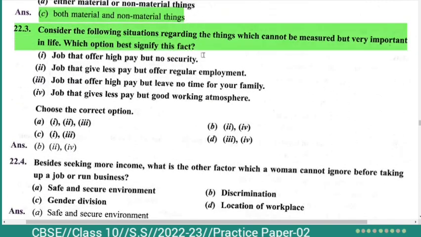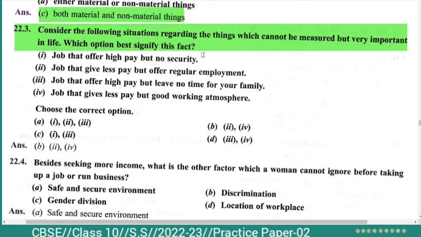Question number 22.3. Consider the following situations regarding the things which cannot be measured but are very important in life. Which option best signifies this fact? First, job that offers high pay but no security. Second, job that gives less pay but offers regular employment. Third, job that offers high pay but leaves no time for your family.